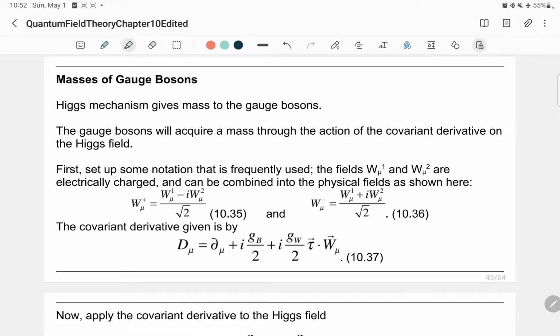So these are the combinations of the field, just like in A mu and Z mu. But here you don't have a mixing. The mixing is imaginary, unlike A mu and Z mu. So the covariant derivative then is given by this.